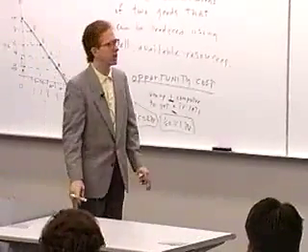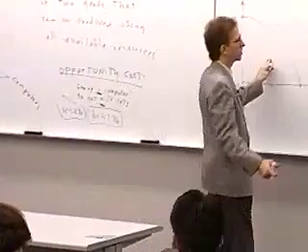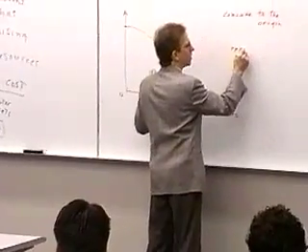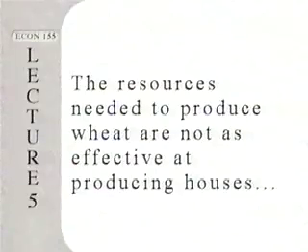Those would be different. And so what we have in a case like this is that the resources to produce wheat are not as effective at producing houses.